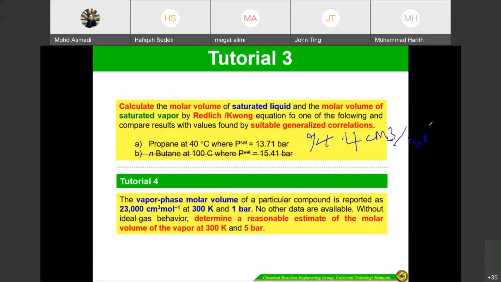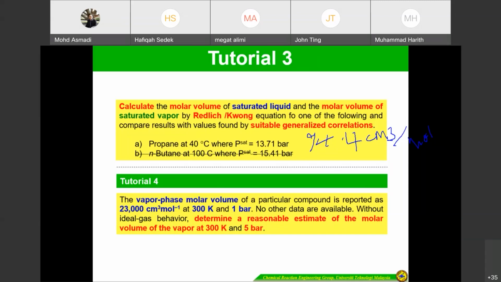How about the gas phase? Vanessa, gas phase.